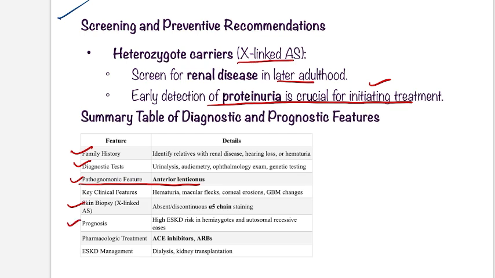Prognosis is actually guarded. Pharmacological treatment is ACE inhibitor and ARB, and end-stage kidney disease management is by dialysis and kidney transplantation. So this was it for Alport syndrome. This is a very important disease. Just go through this once again and you will get the overall picture of Alport.